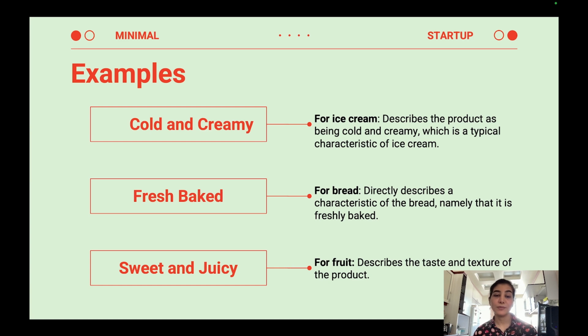These are descriptive because ice cream is cold and creamy. Bread is most of the time fresh baked, and fruit is sweet and juicy. So these are descriptive. You cannot brand your products in a descriptive way, as we said here.